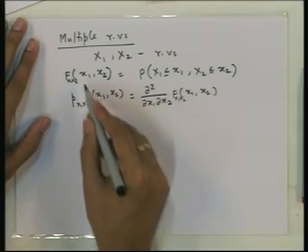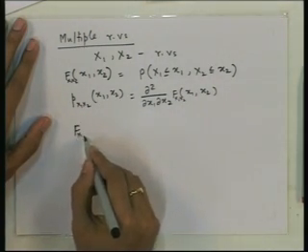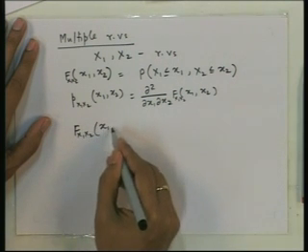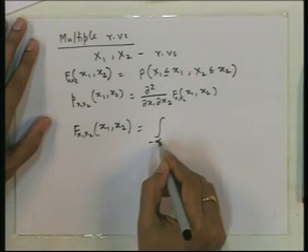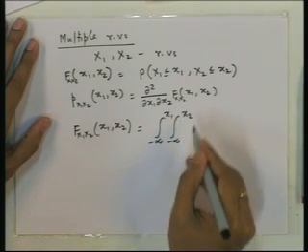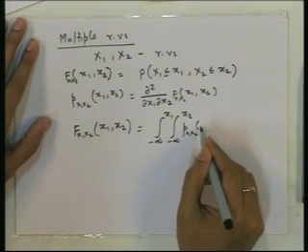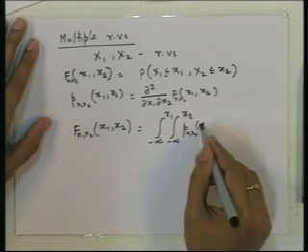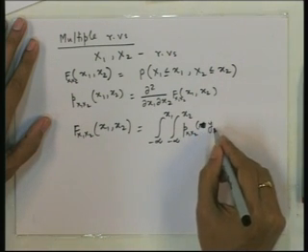And then we can write this in terms of the density simply as the integral from minus infinity to x1 and minus infinity to x2 of p(y1, y2) dy1 dy2, where y1 and y2 are auxiliary variables.